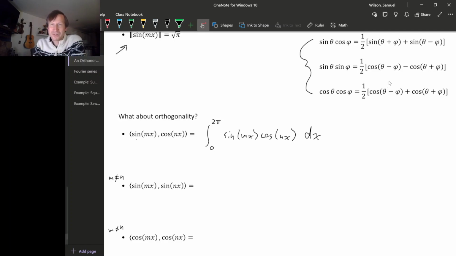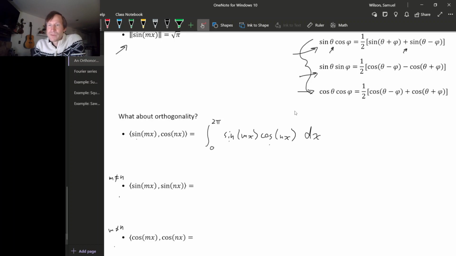If you rearrange them in various ways, you get these identities. They let us turn a product of sines and cosines into a sum of sines and cosines, and sums are easier to deal with in integrals than products. For this one, since it's a sine times a cosine, we're going to need this identity right here, although for the other 2, there are corresponding identities that will help.